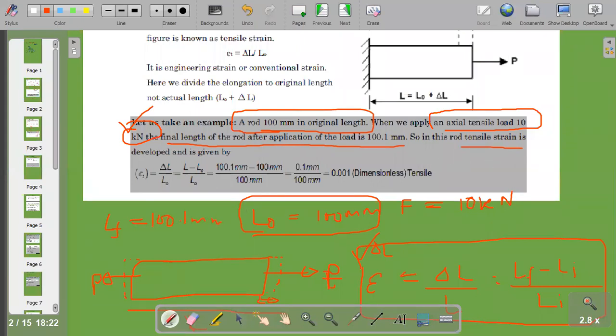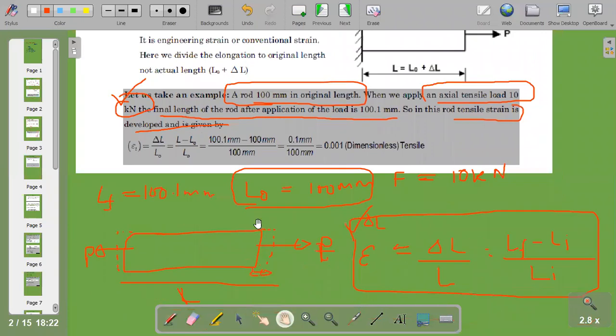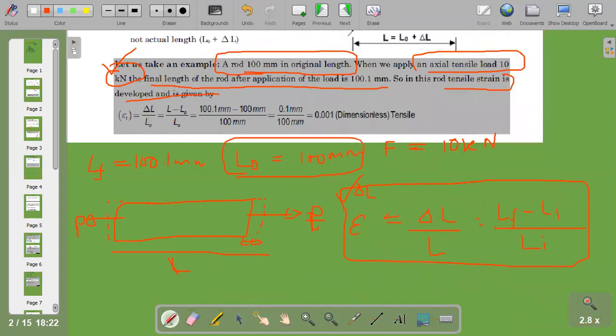So how much will be the tensile strain? What is the formula for strain? Change in length by original length. So what is the change in length? 100.1 minus 100, that is 0.1. What is the initial length? 100.